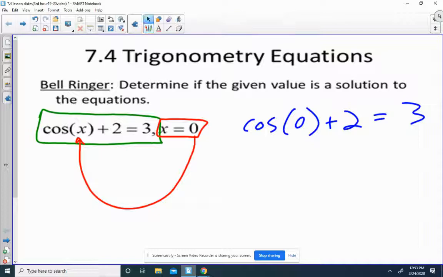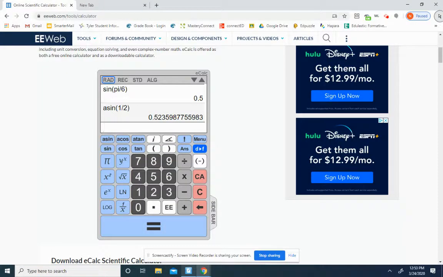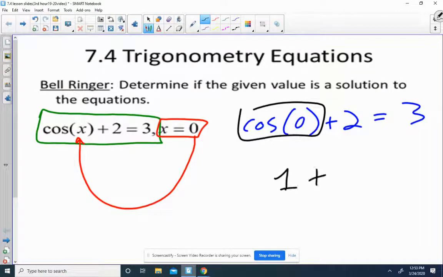So then if you go to your little handy-dandy calculator, let's do cosine of 0, assuming it's in radians, and it's going to give you 1. So in other words, cosine of 0 is equal to 1, and then 1 plus 2, which indeed does equal 3.